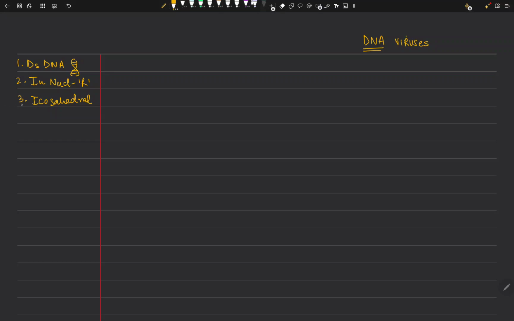So three trends, but we have two exceptions to be remembered. What are the exceptions? The first exception is Parvo B19. Parvo B19 is a single-stranded DNA virus. That's the first point. The second exception is pox virus.